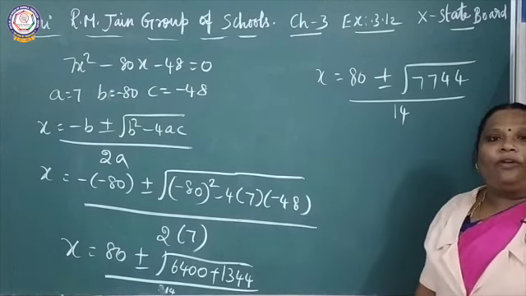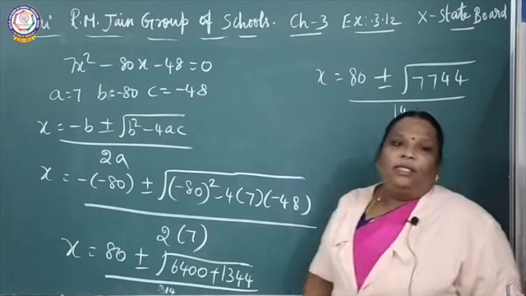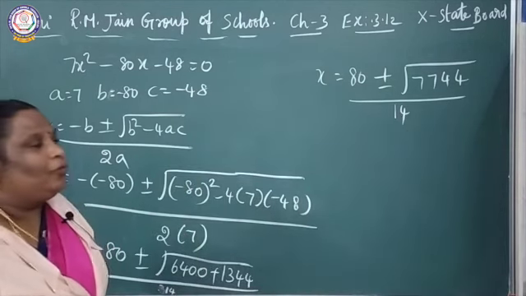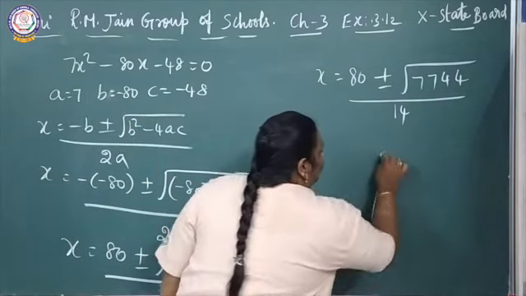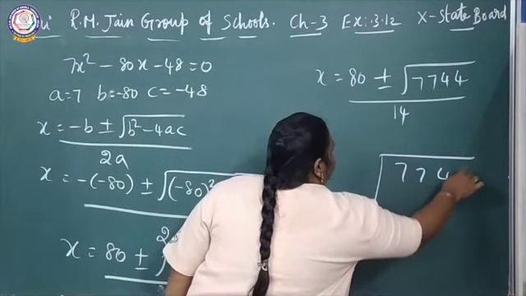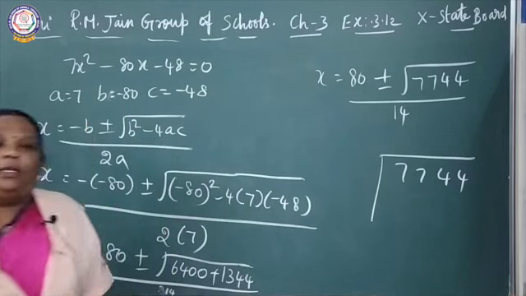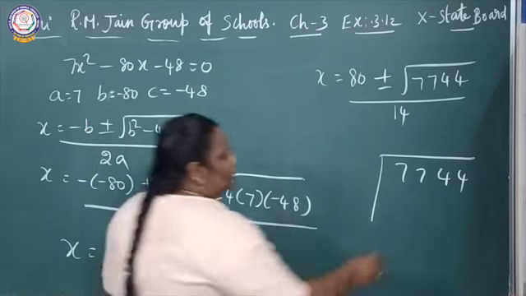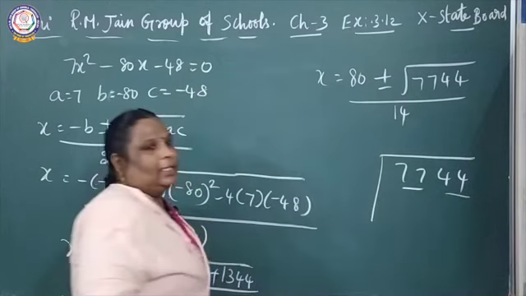Now you can find the square root of 7744. You can separate the terms in pairs.